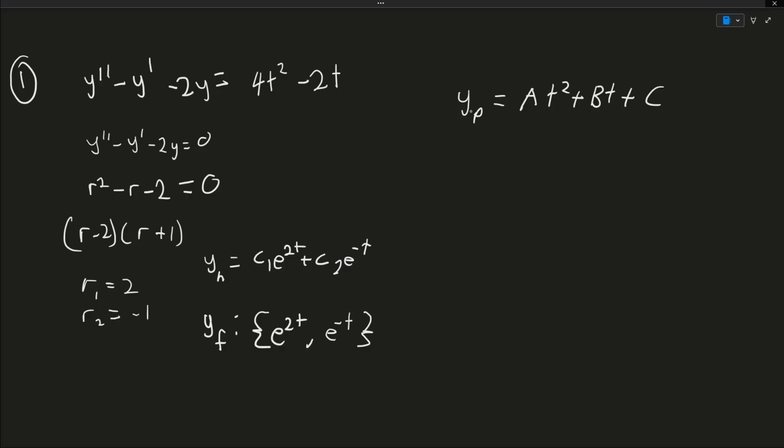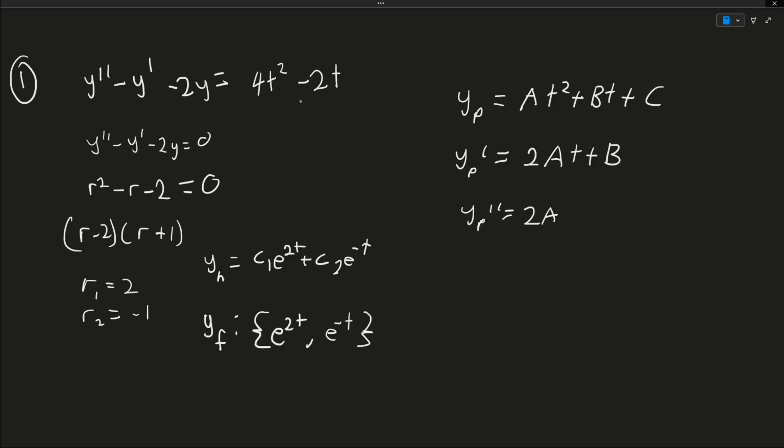Good. Now that we have our y particular guess, we're going to go ahead and find the first and second derivatives and plug this into the differential equation to find a, b, and c. Now the first one, yp prime, is going to be equal to 2at plus b, and yp double prime will be 2a.